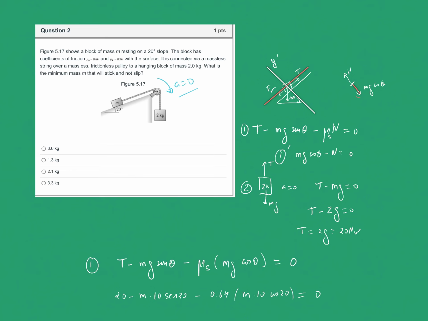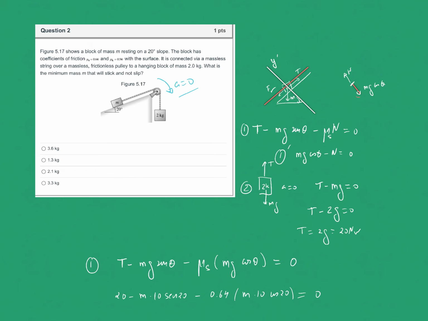So it's an equilibrium situation. I have T going up, and mg sine of theta going downwards, in the opposite direction to the positive T, so mg sine of theta is negative. And now there is the friction force, which is mu sub s times the normal. This is the value of the friction force. The friction force is proportional to the normal: more normal force, more friction force.